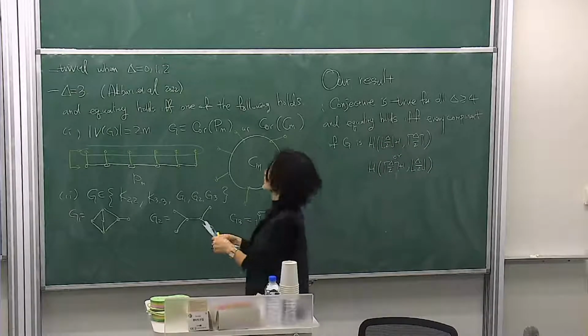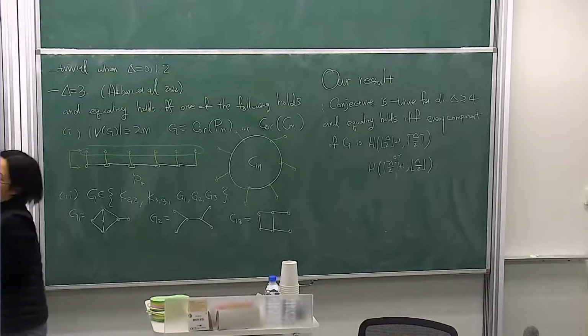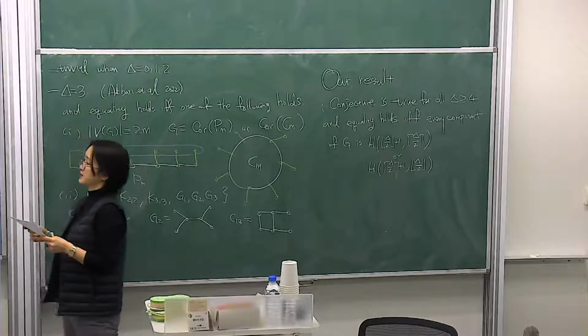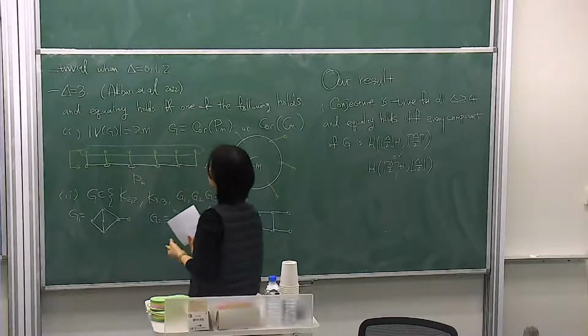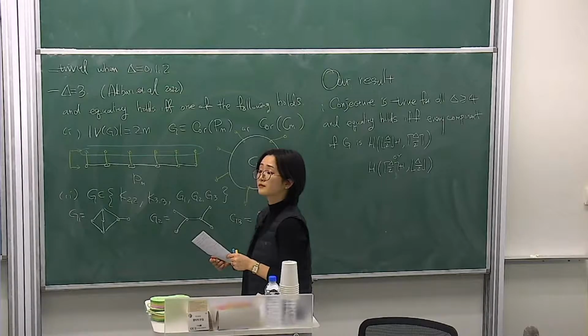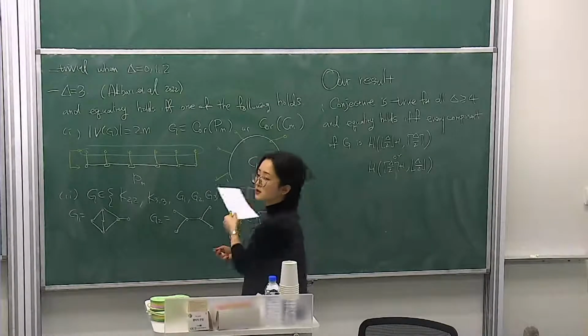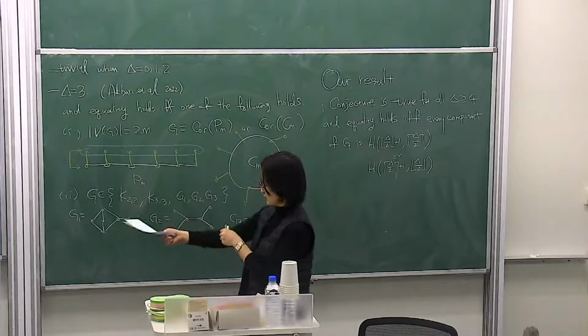So if we consider only connected graphs, then these two graphs are the only cases which satisfy the equality for this conjecture.